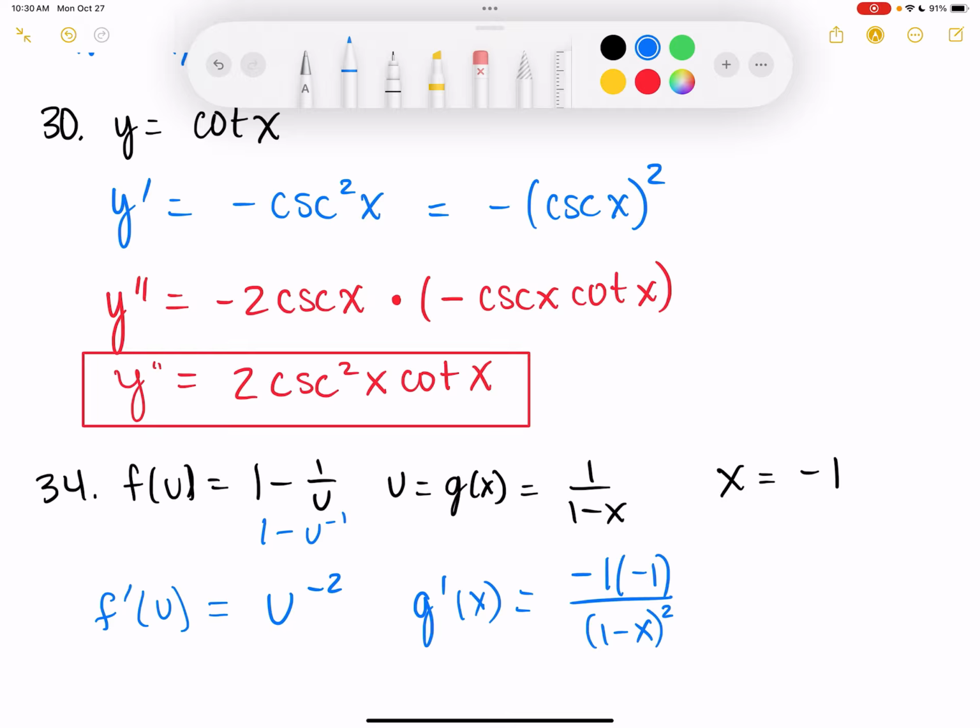So if we did the quotient rule, which is what I did.